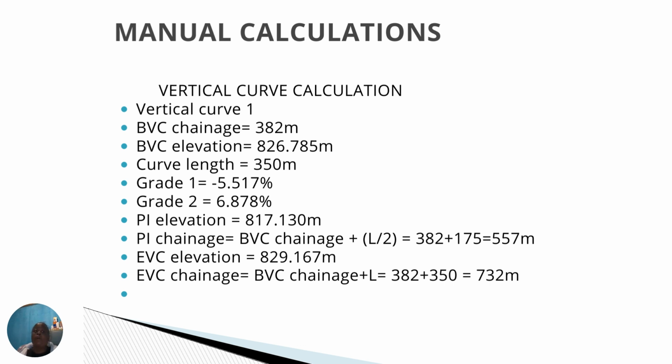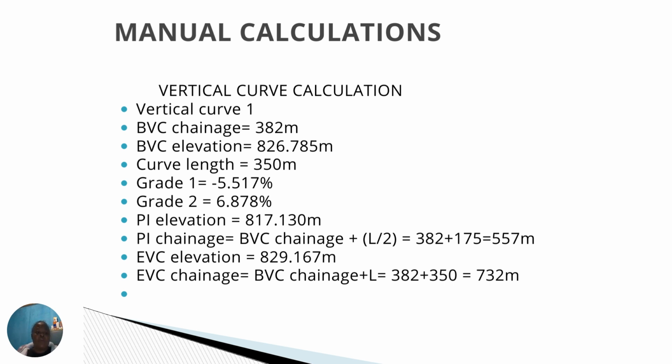The elevation of the beginning of the vertical curve was found to be 826.785 meters. The curve length, 350 meters. The first grade, 5.517. The second grade, 6.878. The elevation of the point of intersection, 817.130 meters.